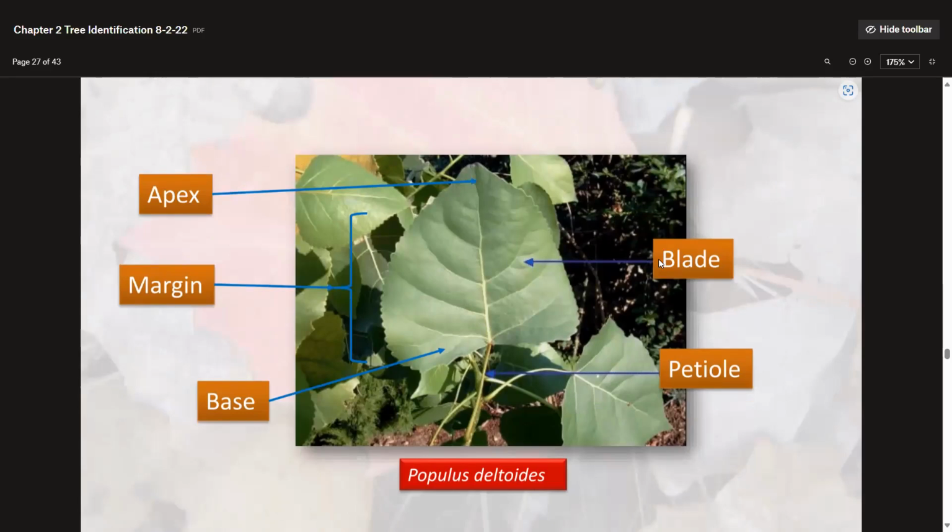And then the big half is called the blade. So you have a blade on each side on this particular Populus deltoides, poplar tree. So that's how it works: apex, margin, base, petiole, where it attaches to the branch or the twig, and then each half is a blade on either side of that main vein.